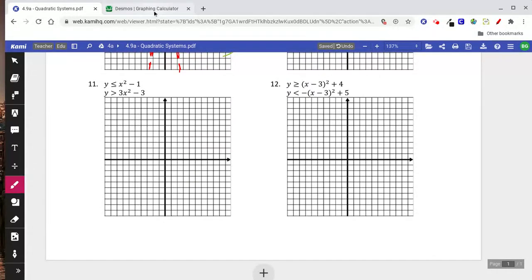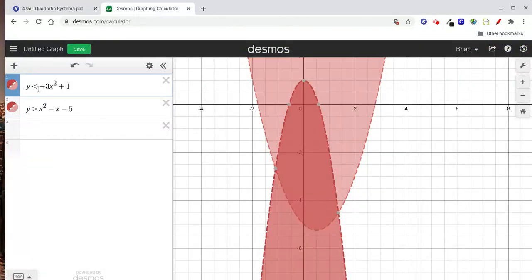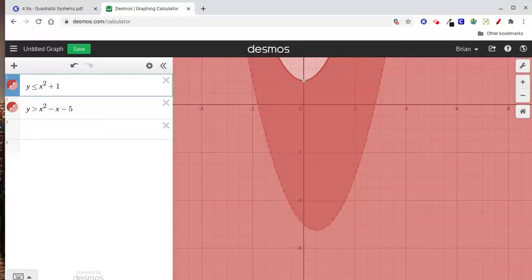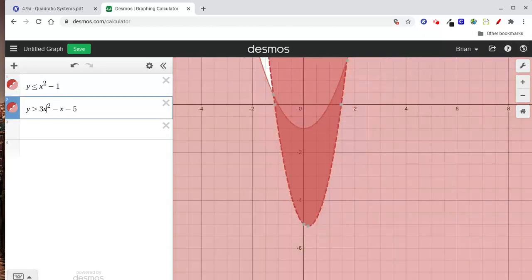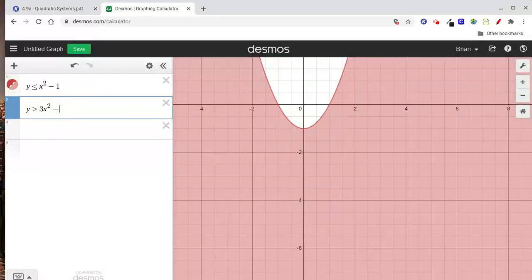So then we just do the same thing. Less than, you can type in less than or equal to, and it was x squared minus 1 and greater than 3x squared minus 3.